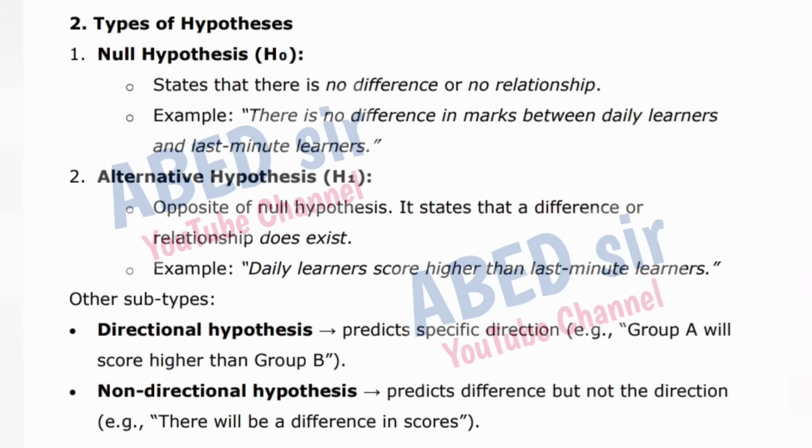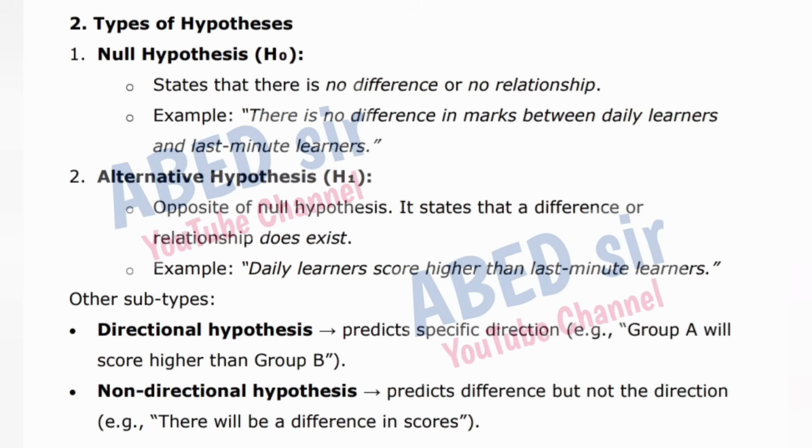2. Types of hypotheses. 1. Null hypothesis, H0. States that there is no difference or no relationship. Example, there is no difference in marks between daily learners and last-minute learners. 2. Alternative hypothesis, H1. Opposite of null hypothesis. It states that a difference or relationship does exist.